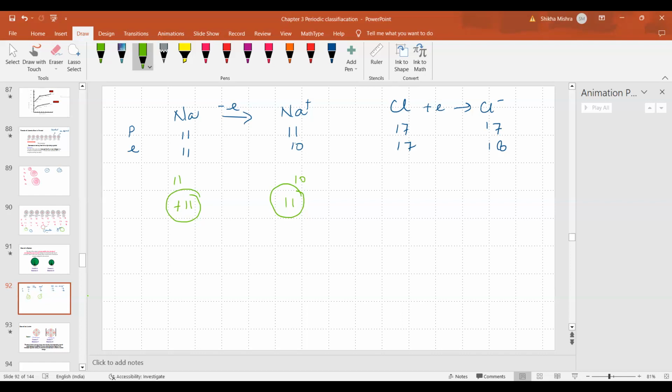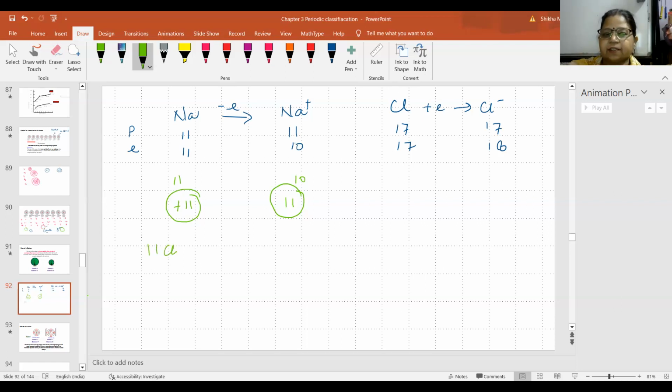Okay, let's make it a chocolate story. On your birthday, you want to distribute chocolates. You have got 11 chocolates and you have your 11 friends. Everyone is going to get one chocolate, right? But now in this case, you have 11 chocolates to distribute among 10 friends. Everyone's share has increased by a certain fraction, 1 by 10 or 1 by 11th, isn't it?